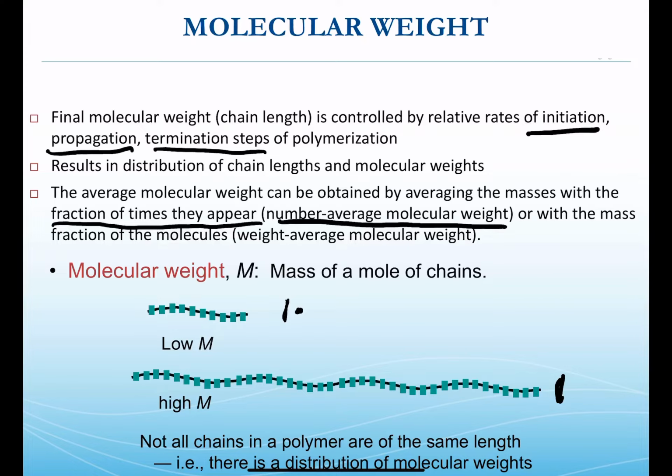Whatever this mass value is would come in here, and then we would divide through by the total mass of the sample to speak to the weight fraction, to help us calculate weight average molecular weight. Okay, we'll see that in an example in the next slide.